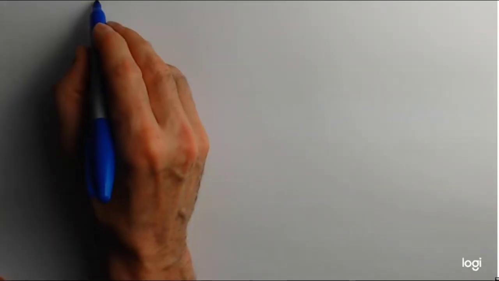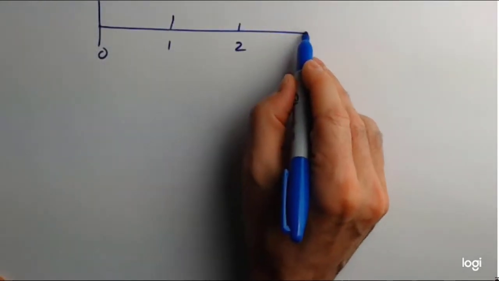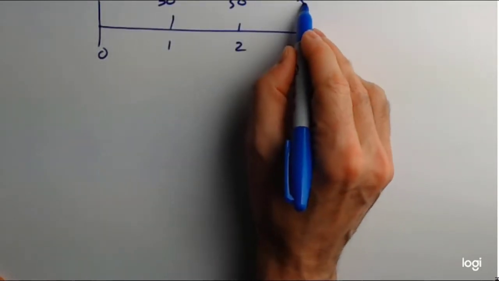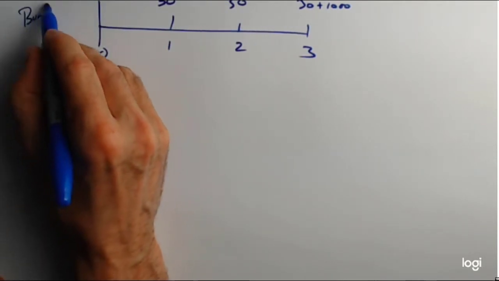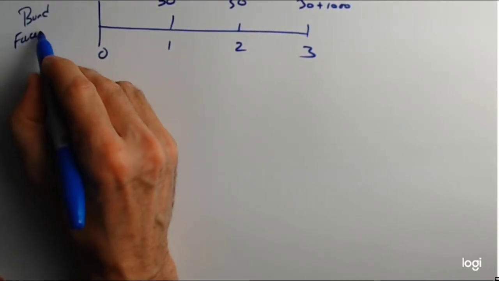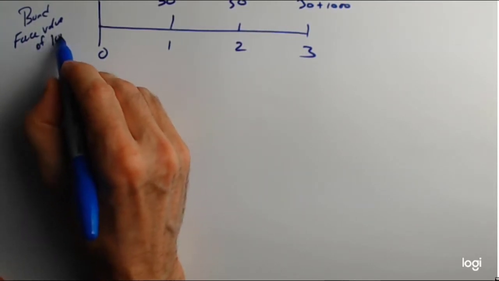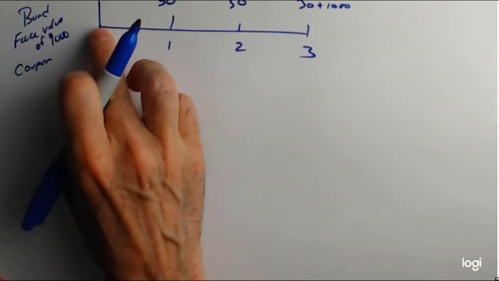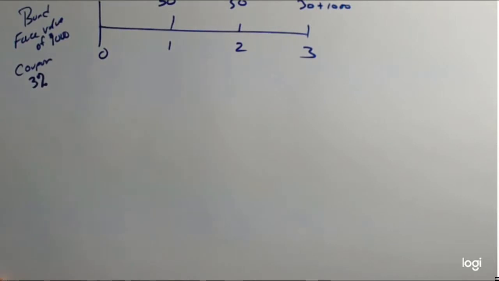So let's go back to the bond we just looked at, the 3-year bond. We said it had a coupon of 30, 30, 30, and then a return of principal. This bond had a face value of $1,000 and a coupon, basically the interest rate that it paid, of 3%.